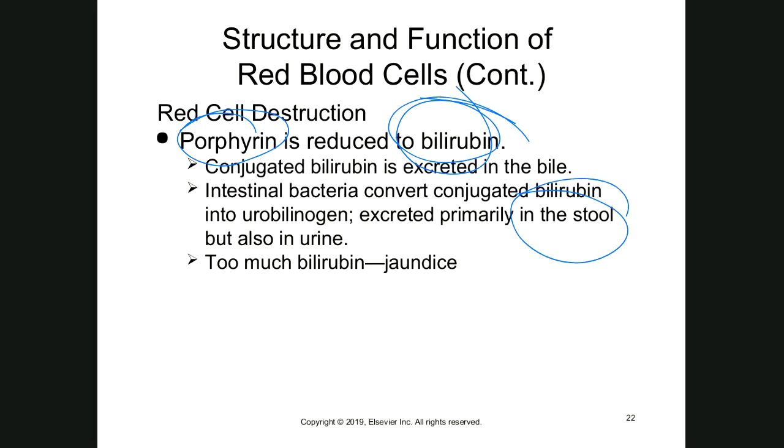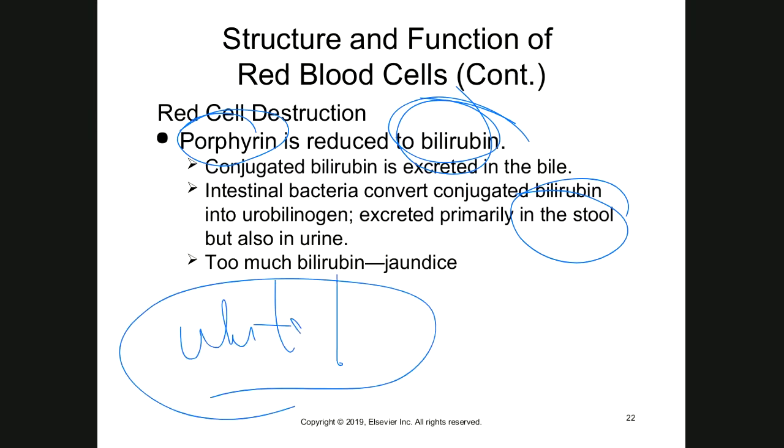Meaning that if for some reason there is an obstruction in the delivery of that bile into the intestine, the feces will be exactly like this slide over here, white. The bacteria in your intestine will break down that bile into different particular solutions, and that's basically what gives that coloration to your stool.